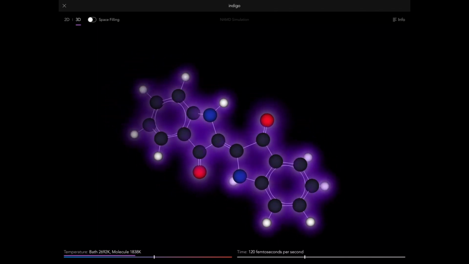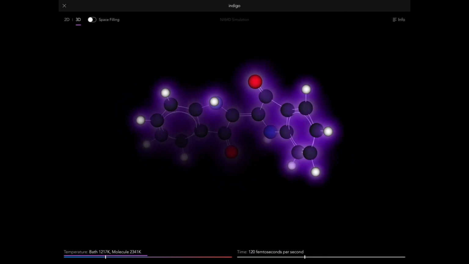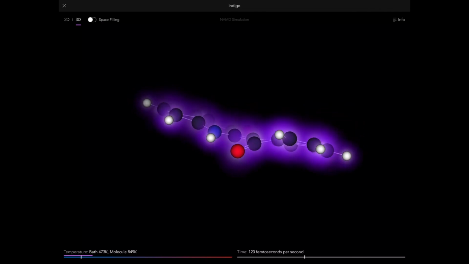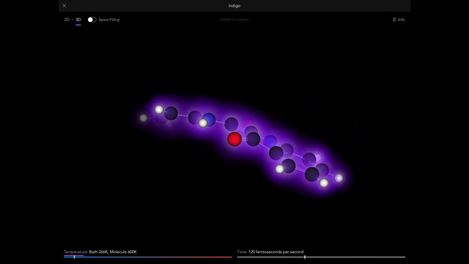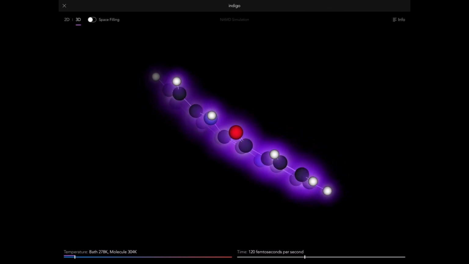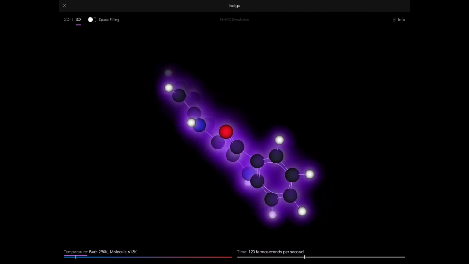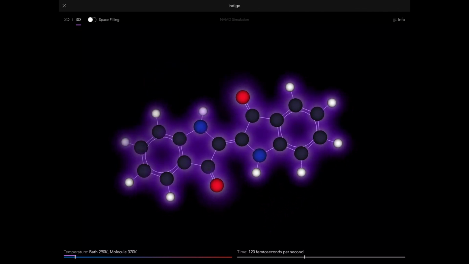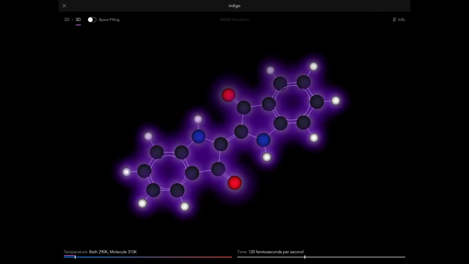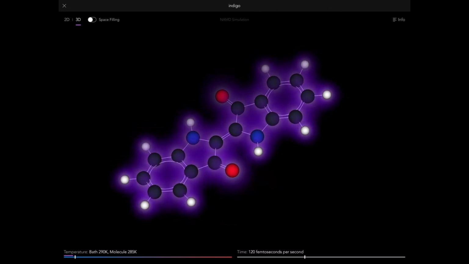But at those temperatures we're talking thousands of Kelvin. That's probably not good, so we'll cool it back down to room-ish temperature. 317 is too hot, 298-ish, a little colder than room temperature. At this temperature, you can see that we started out with the two nitrogen groups opposite each other.